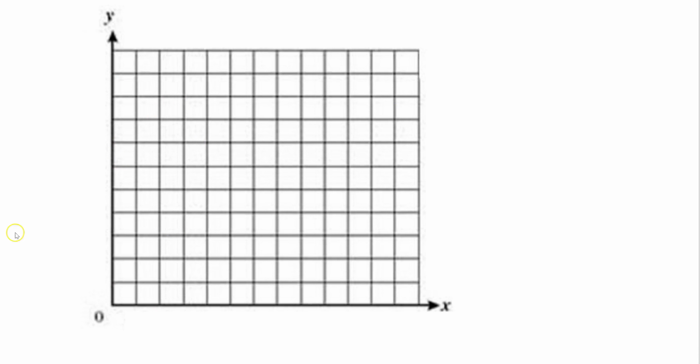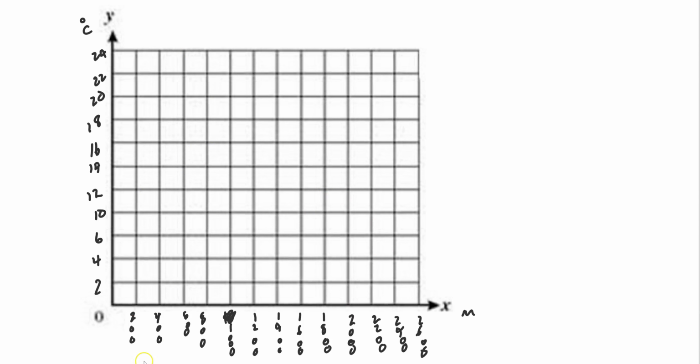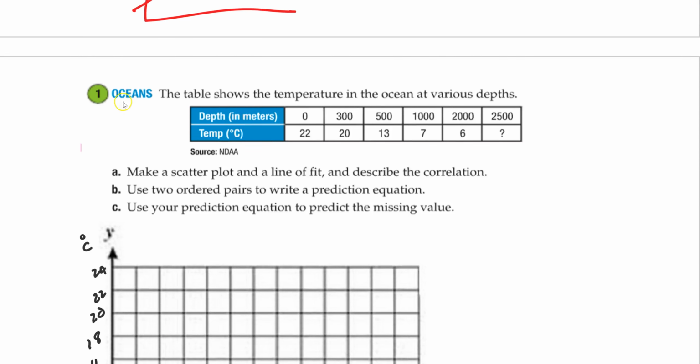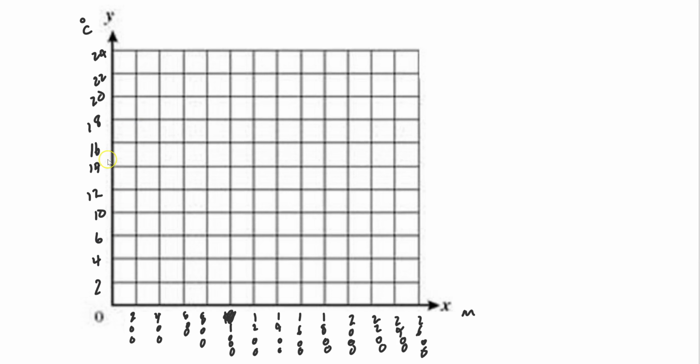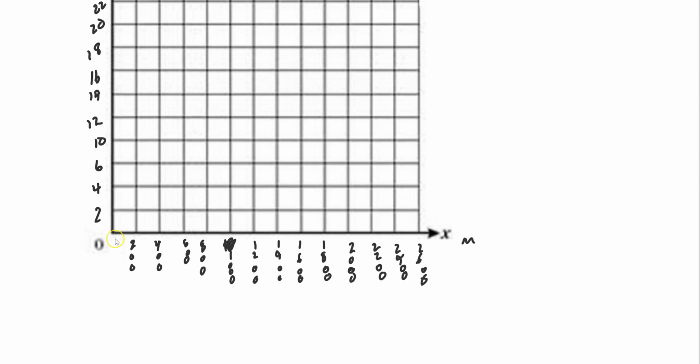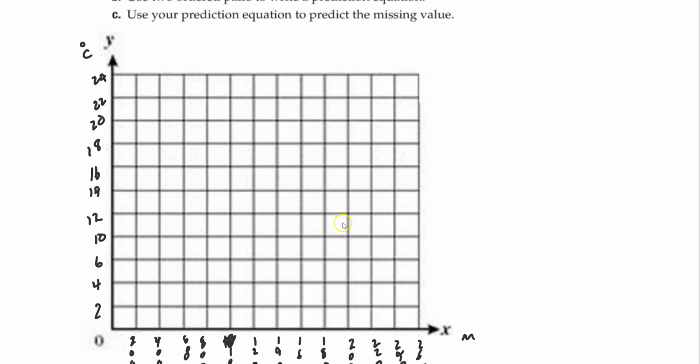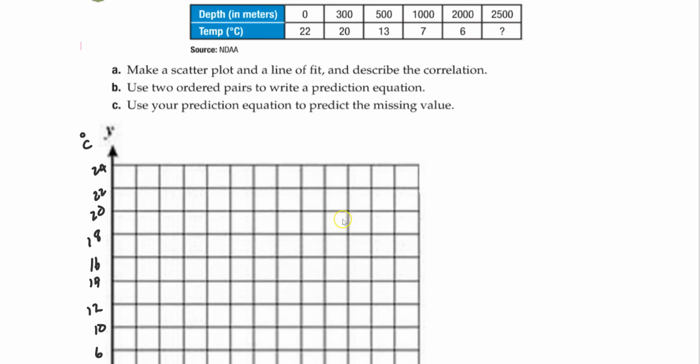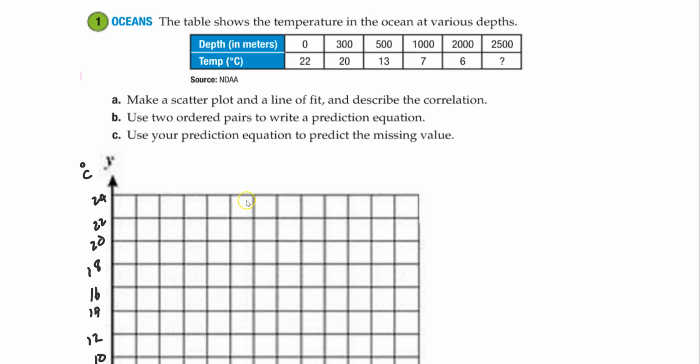Now I'm gonna pause for a second and write this all up. And now I'm back. So I counted my y, my degrees Celsius, by 2. So 2, 4, 6, 8, 10, 12. And I counted my x, my meters, my depth, by 200. So 200, 400, 600, 800. So I try to get a nice fit for my data as best I can. So now I'm just going to plot it. 0, 22.